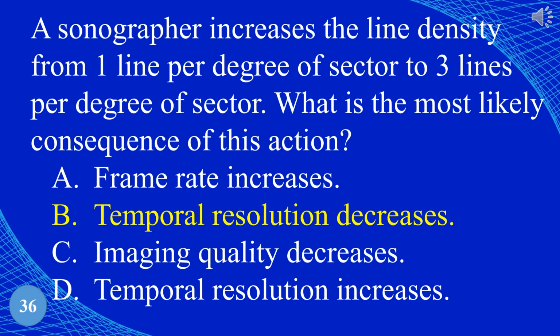The answer is B. Temporal resolution decreases. Increasing line density from 1 to 3 lines per degree triples the number of pulses in each image. As a result, the time required to make each frame is lengthened, the frame rate is reduced, and the temporal resolution decreases. In this case, the frame rate is reduced to 1/3 of its original value.